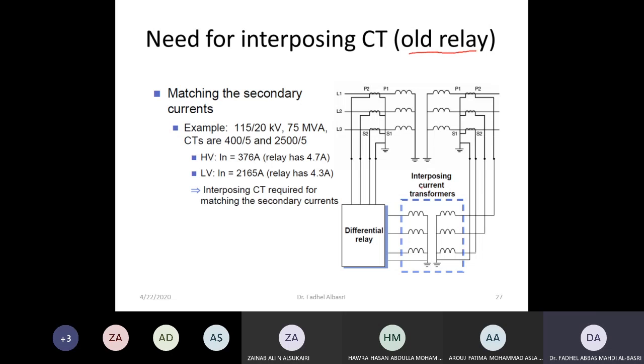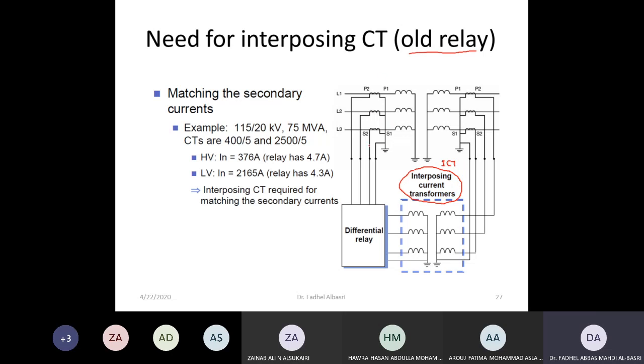We use sometimes something called interposing CTs, ICTs. So this interposing CT will correct the phase and magnitude.